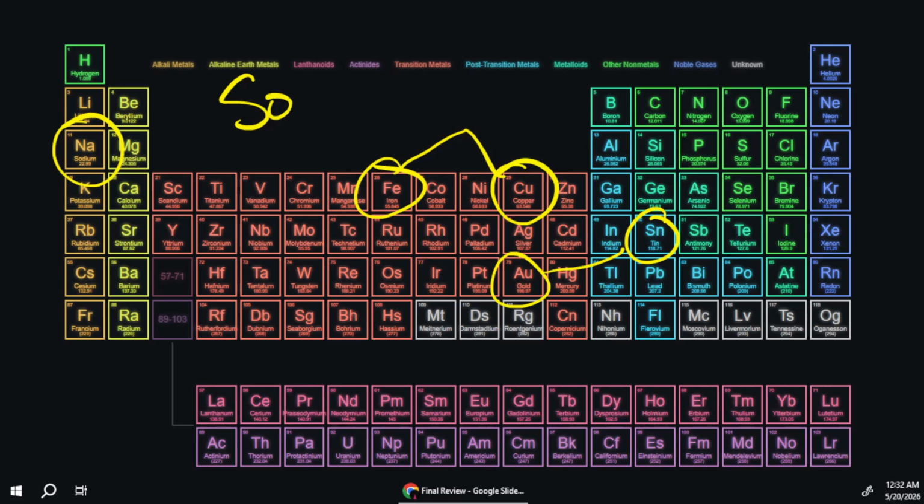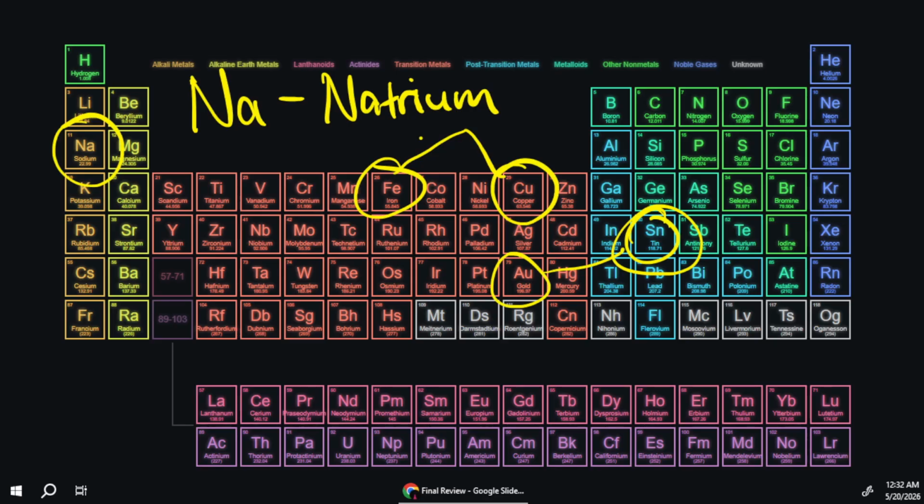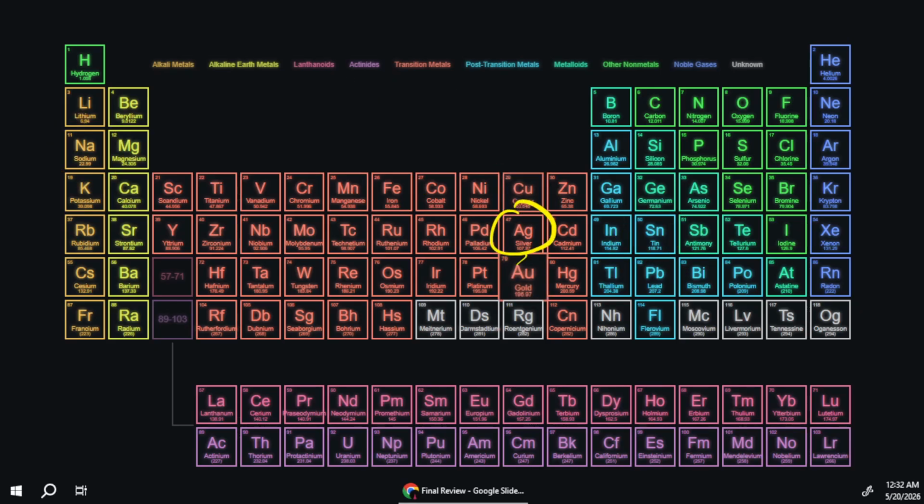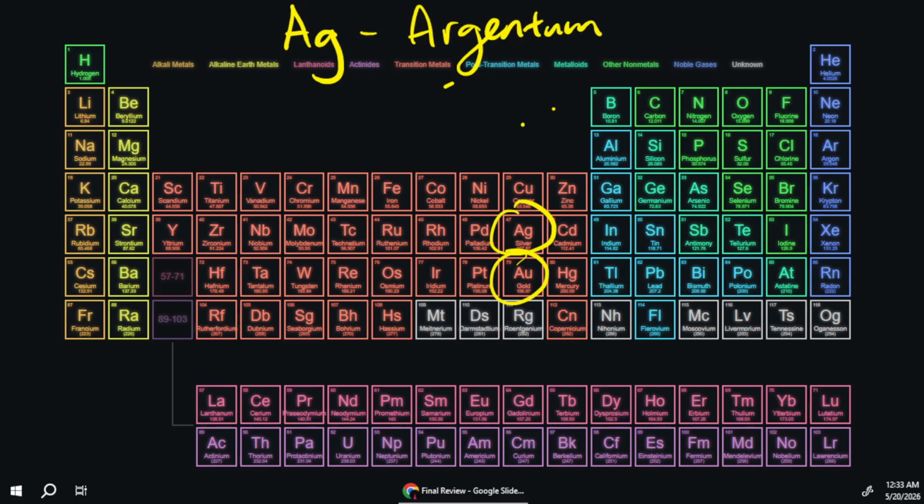It's because the ancient name for sodium, or Na, is called natrium. Okay, or tin, Sn, is stannum. And then same thing for gold and silver, like we talked about in class. Ag is, I think, argentum, and then Au is aurum. So it's their Latin root words.